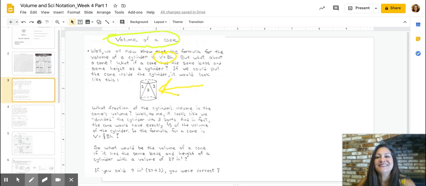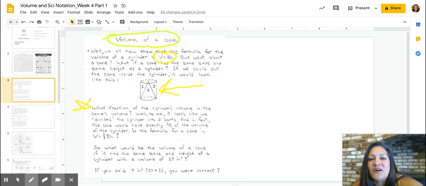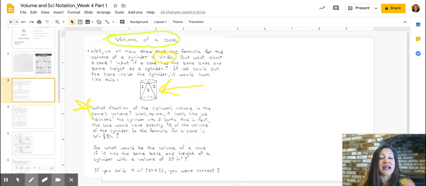So imagine it, right? It says, what fraction of the cylinder's volume is the cone's volume? Well, to me, it looks like we divided the cylinder into 3 parts. And in fact, the cone would have exactly 1/3 of the volume of the cylinder. So the formula for a cone is volume equals 1/3 base times height. And it's going to be the same thing with the base.